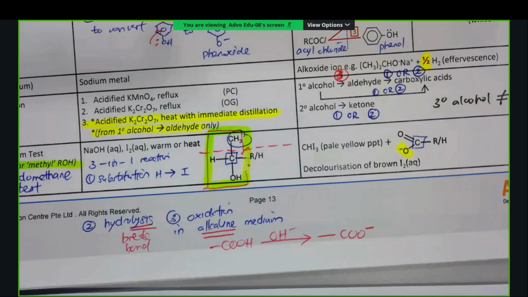Then there's the excess, limited thing. That one is the detailed condition. That one I'm not going to focus on here. Here we're just going to focus on how to link one functional group to another one.